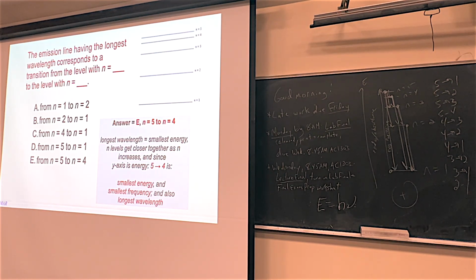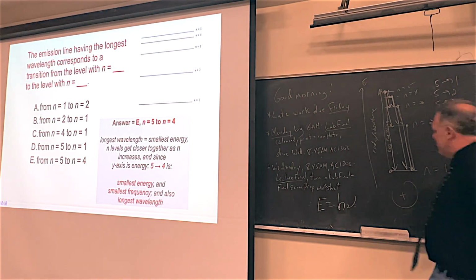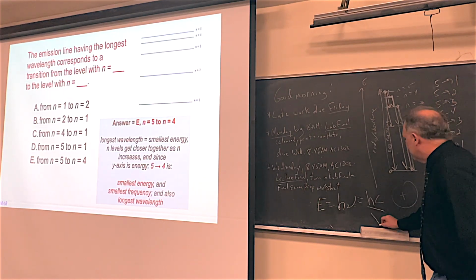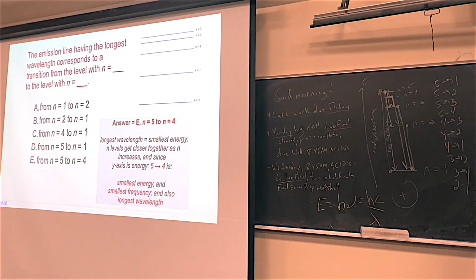So 5 to 4 would be the smallest energy, and energy also equals hc over lambda, and lambda is the wavelength. So if you want the longest wavelength, the biggest denominator, you want the smallest energy. That will be the 5 to 4, the smallest arrow.